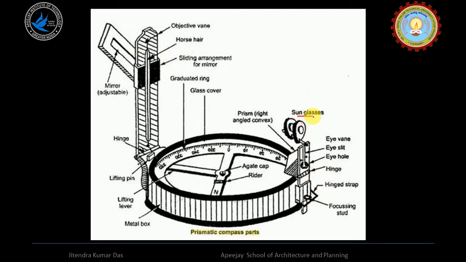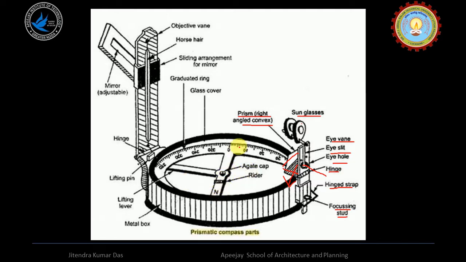You can see here the sunglass, eye vane, eye slit, eye hole, hinge, strap, focusing stud, and this is your inverted prism, right angled convex prism. When you see through this you have the reading at this point.